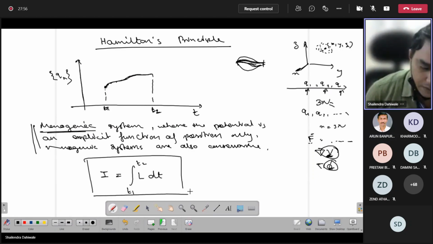If it has a stationary value, it cannot vary from its least possible value in the nearest neighborhood.